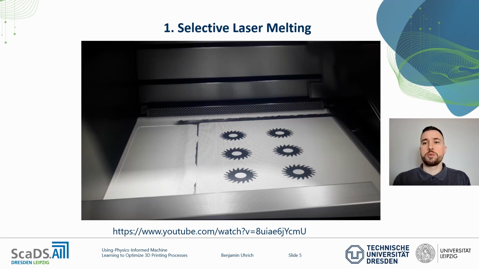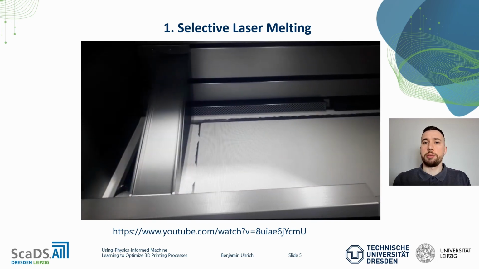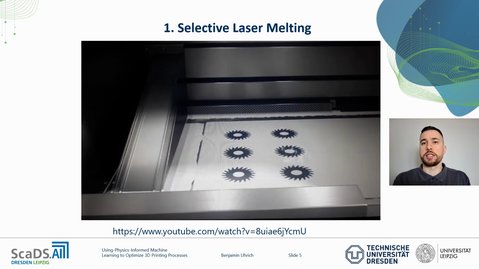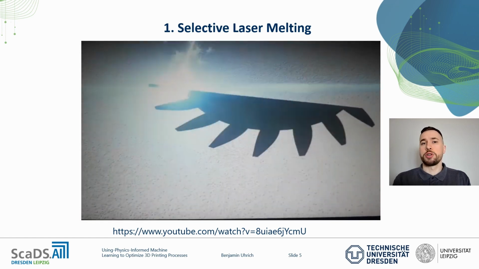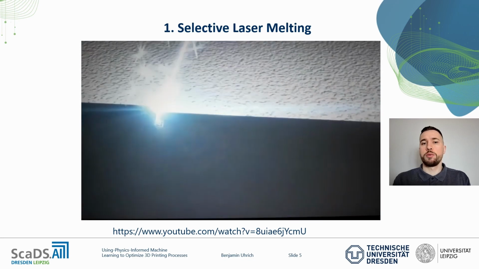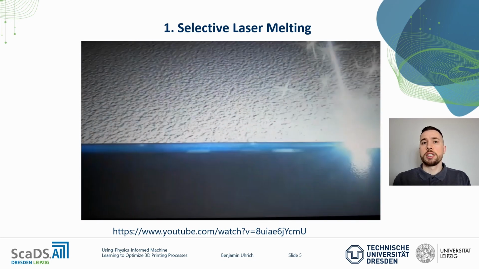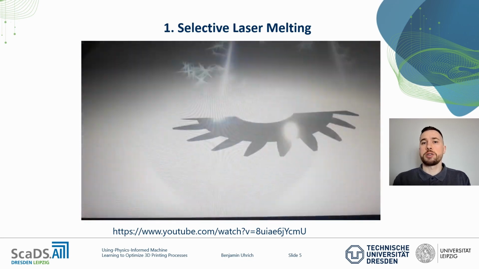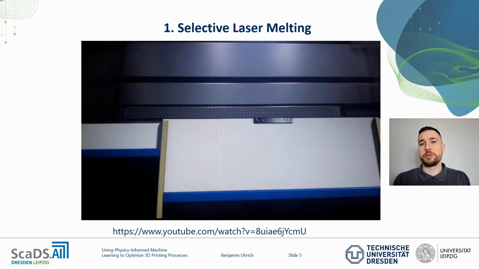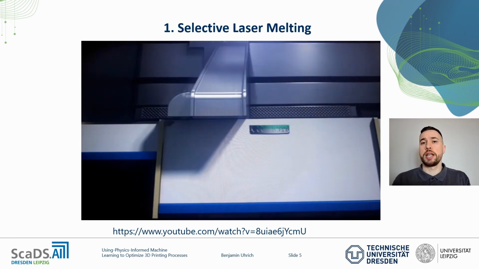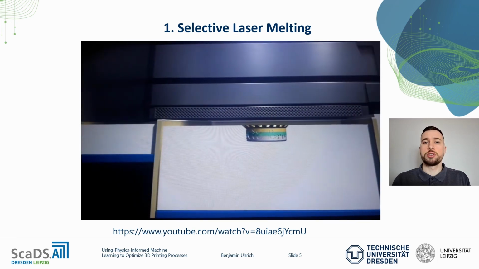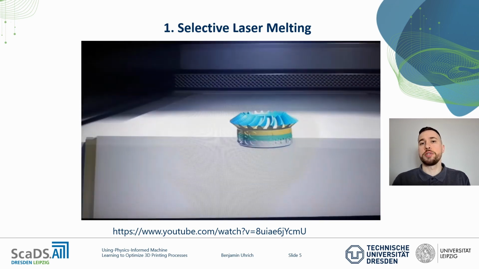So first, we need to understand what is happening and where issues can arise. I have brought you a video today here, so I'm not sure to what extent you are familiar with 3D printing processes. So as you can see, metal powder is applied and melted or fused with the aid of a laser. In this way, a component is created layer by layer, and it's possible to produce complex geometries individually.